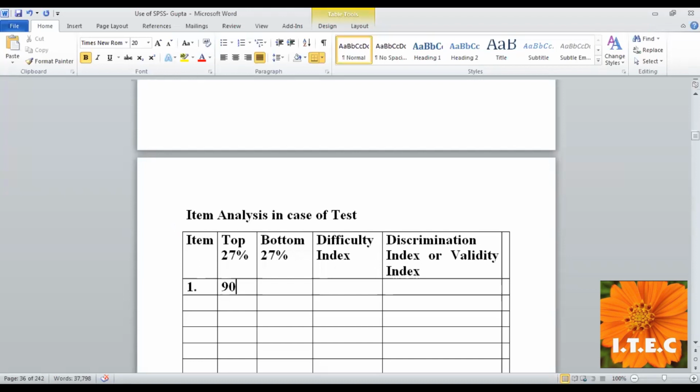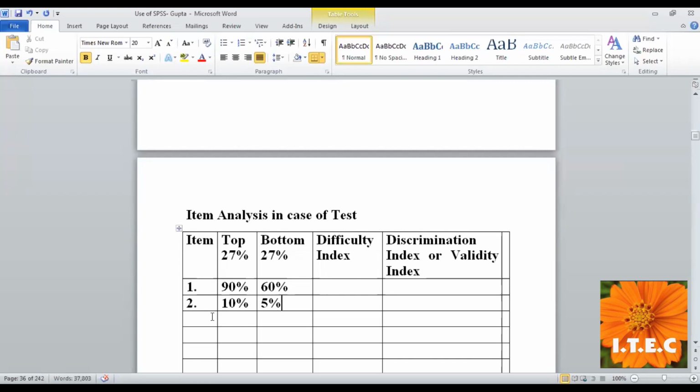Suppose 90% of the people attempted it correctly, and suppose 60% of the people attempted it correctly from the bottom group. Now the other item here, say 10% of the people have attempted it correctly, and here 5%.